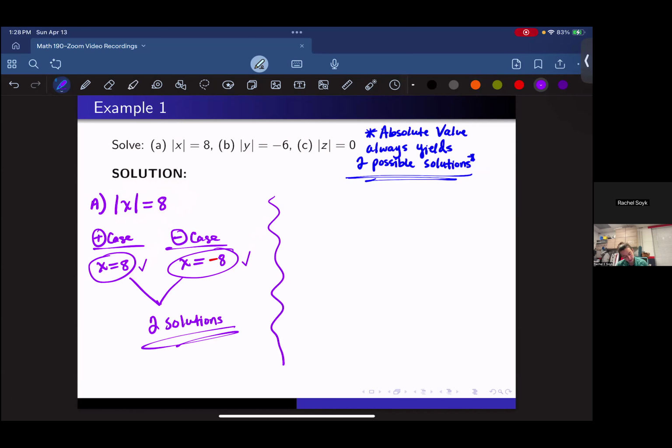Let's look at B. B, we're asked to find what is our solution when the absolute value of y is -6.